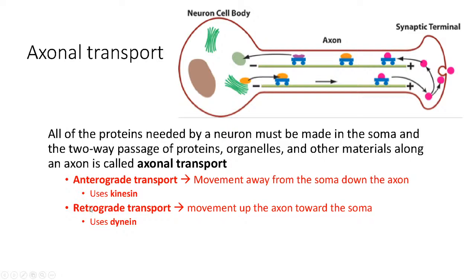It's a throwback, retro. Retrograde transport is where we are transporting things back up the axon to the cell body. And this is performed by two proteins known as kinesin and dynein. Kinesin is responsible for anterograde transport. Dynein is the way back, the protein responsible for carrying things back to the neurosoma.